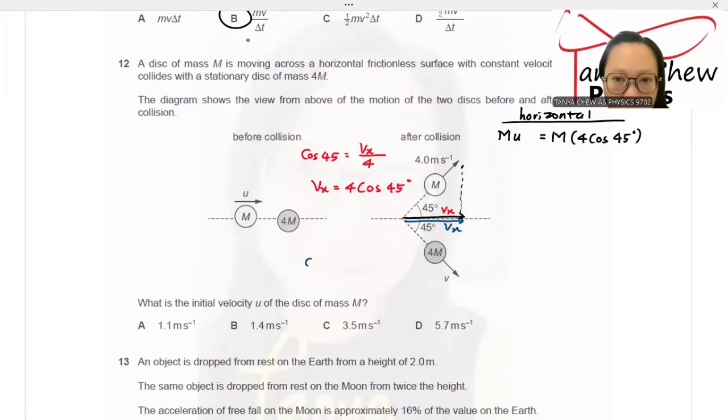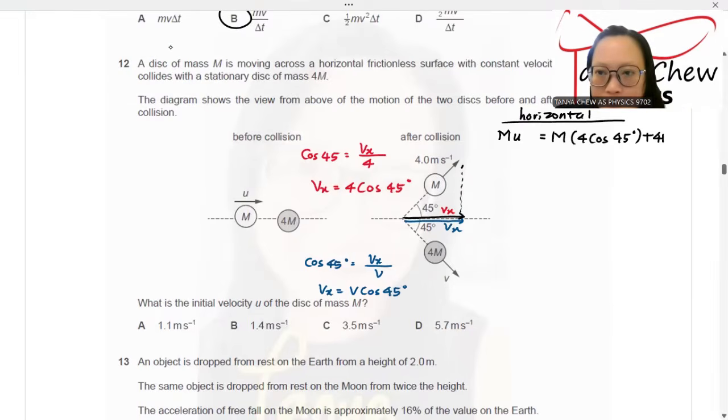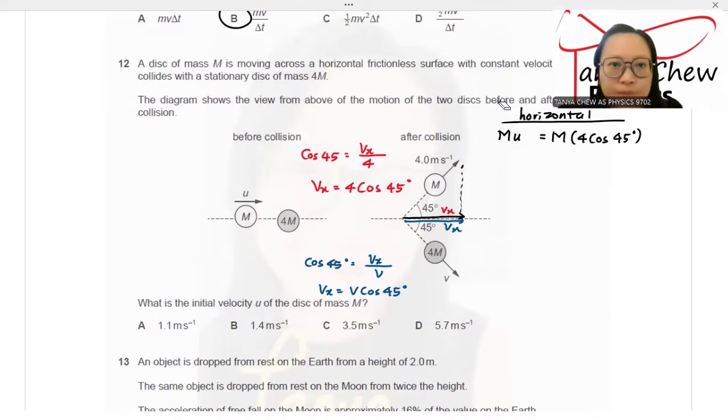So I put cos 45 is equal to, only looking at velocity because mass is a scalar quantity that does not depend on direction, Vx over V. So Vx is equal to V cos 45. Now you just add up. Mass is 4m and big M, sorry, capital M. So I write it nicely.